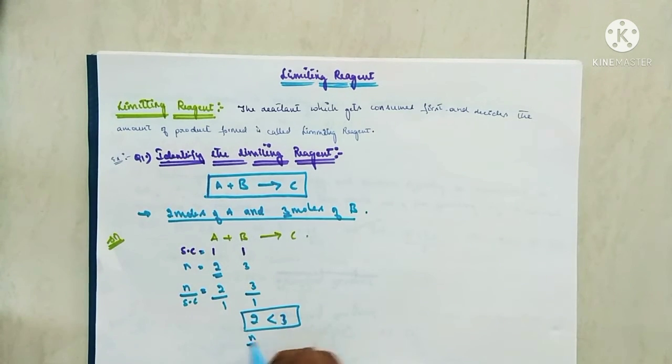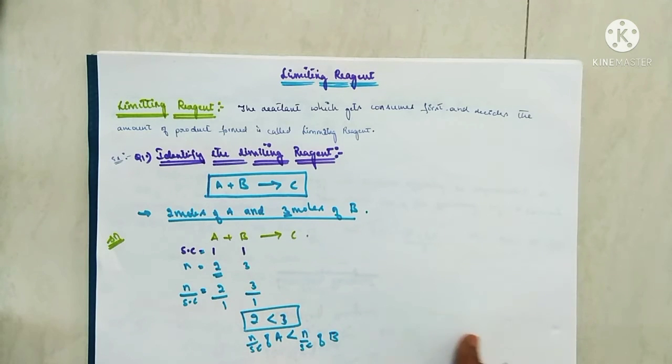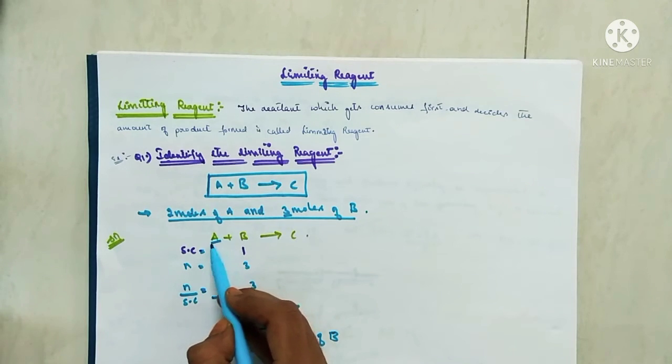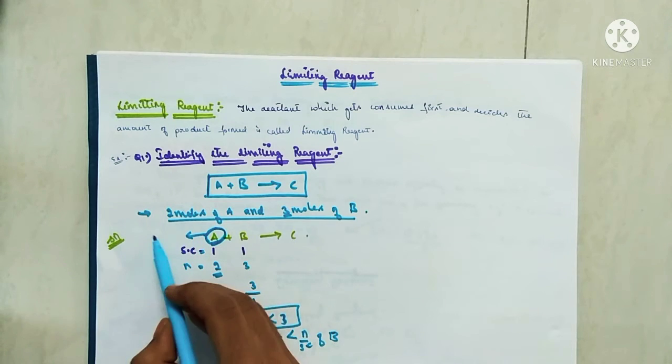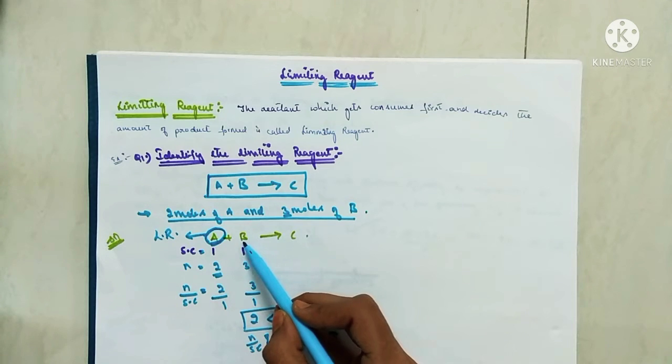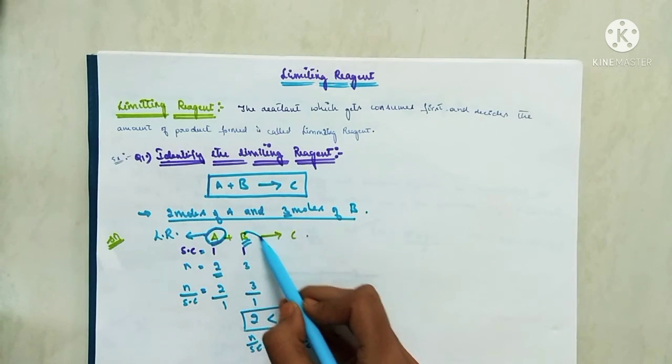That is, the n by SC value of A is less than that of B, which means A is the limiting reagent. The reactant for which the n by SC value is low is called the limiting reagent. So here A is the limiting reagent, and the other reactant, B, is the excess reagent.